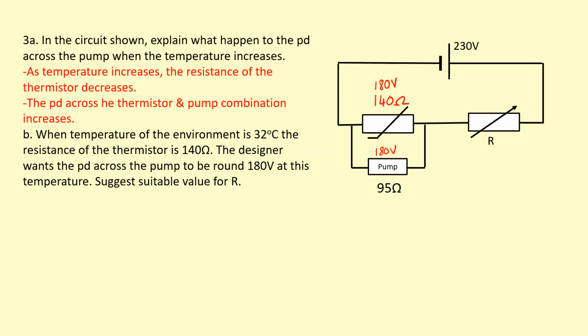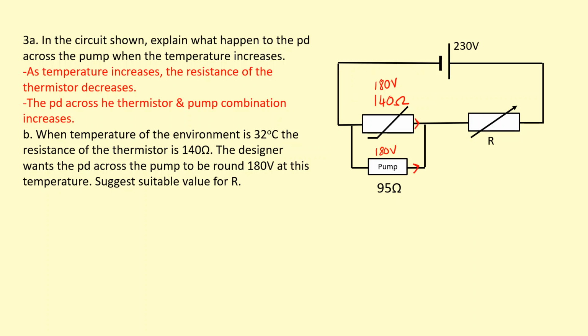I'm looking at this, it's just a circuit problem. We know the resistance and the voltage for these two here, so we can figure out the current through them. I could do this by finding the total resistance of this combination and dividing by the total voltage, but I'm just going to work out the current through each branch.